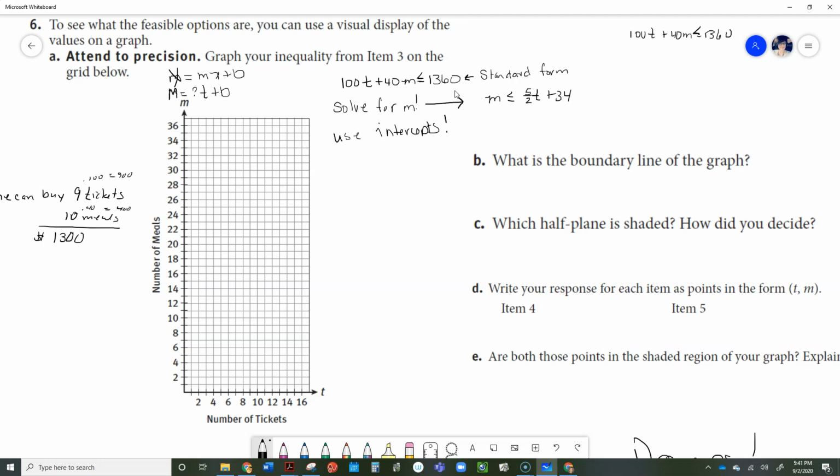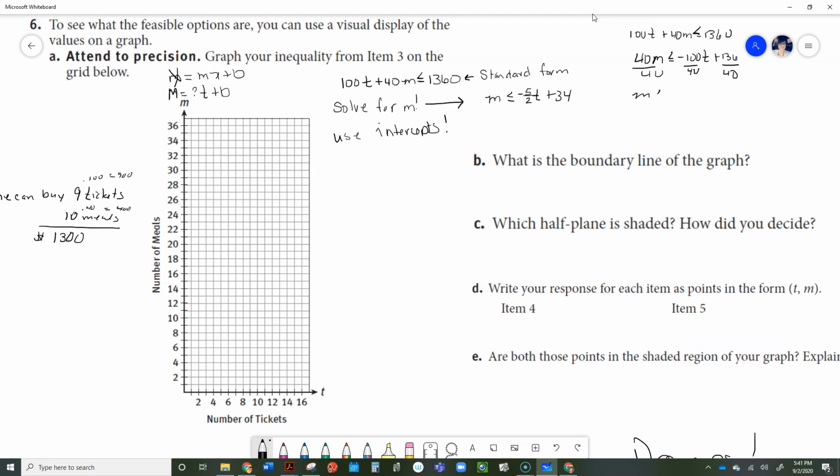So we do 40m is less than or equal to negative 100t plus 1360. I just subtracted 100t from both sides. Then I'm going to divide everything by 40.